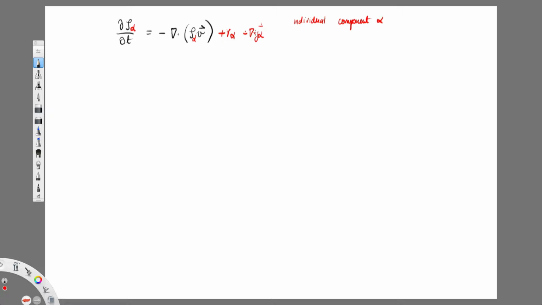And when I sum up all R alphas, I get 0 as well because of the conservation of mass. So this is what we derived last time around.